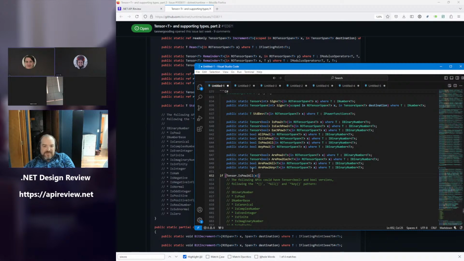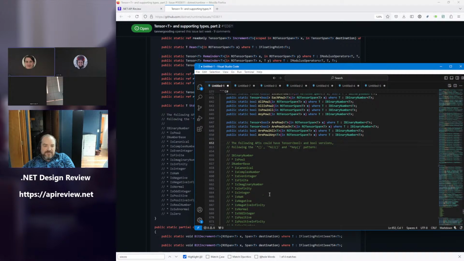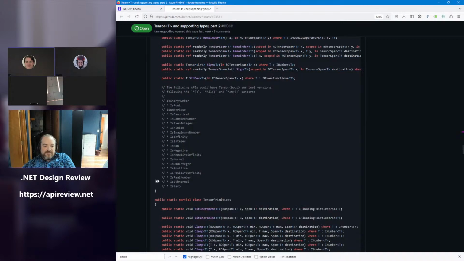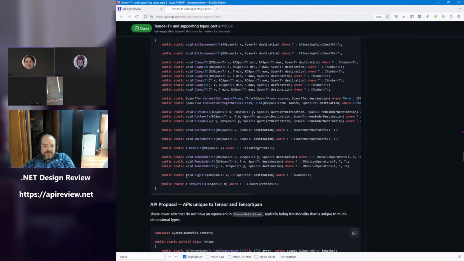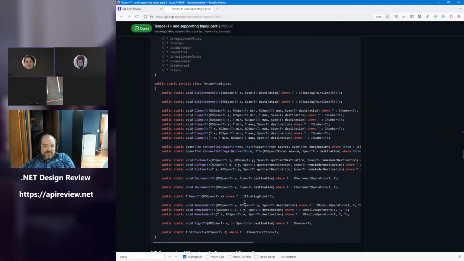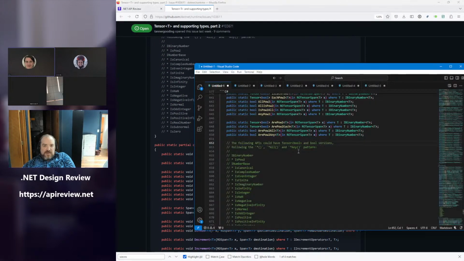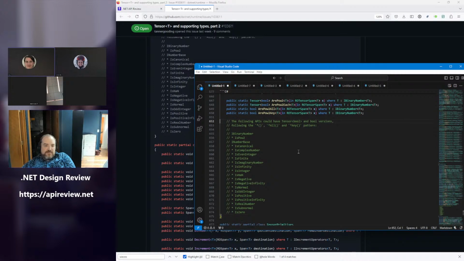So since we're at time, what I'll do is I will extract the is APIs, and then there's basically 20 APIs, not counting overloads, that are down below, which are concepts unique to Tensor. I will extract those to a part 3 proposal. That way we can approve what we have reviewed.